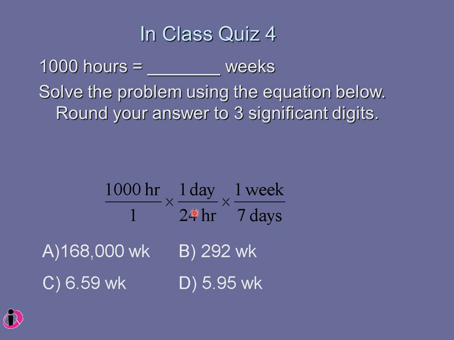D, 5.95 weeks. Okay. So the right answer is D. Just to make sure, some people do it in a wrong manner, because they do 1000 divided by 24 multiplied by 7. It's not multiply by 7. It's divided by 7. Even if these are two multiplied, both of these are basically the denominator of 1000.